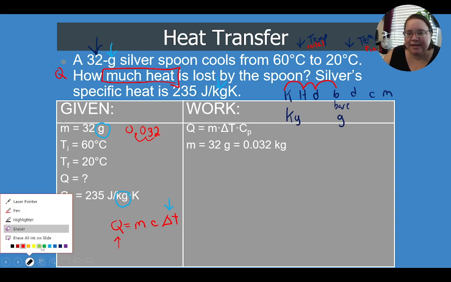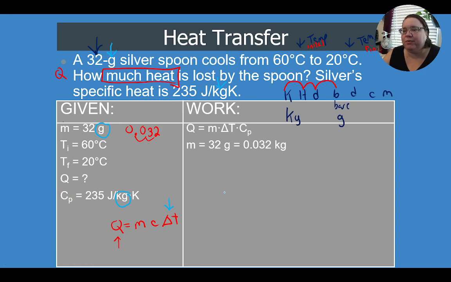My delta T, remember, delta T is final temp minus initial temperature, and I did that backwards. There you go. So my final temperature is 20, therefore I'm going to have to take 20 minus 60. Yes, you're going to get a negative number, and that's okay.